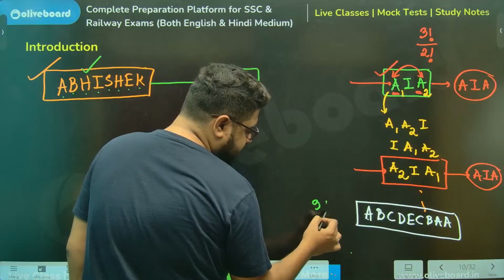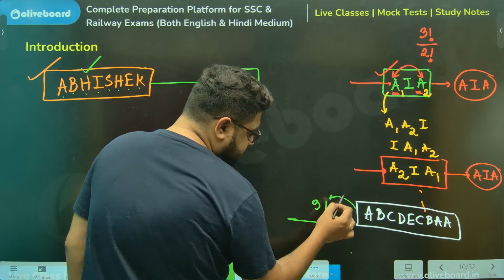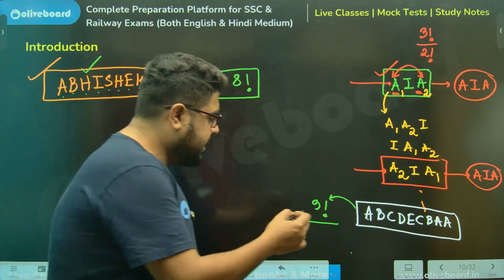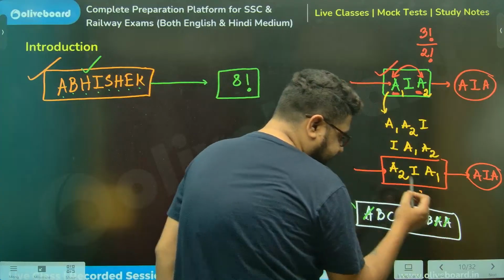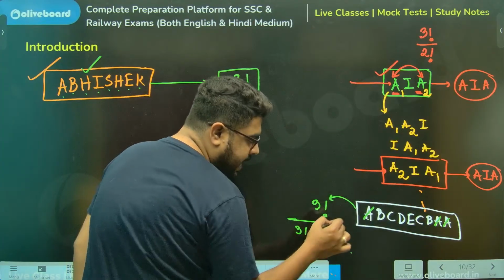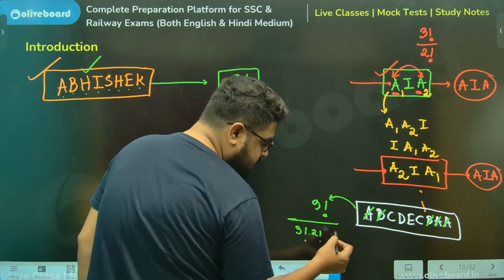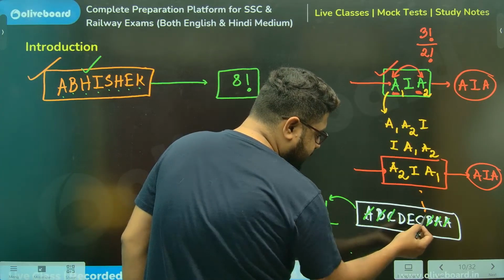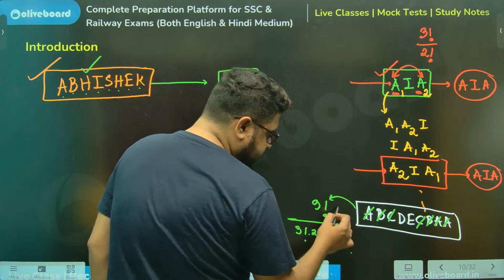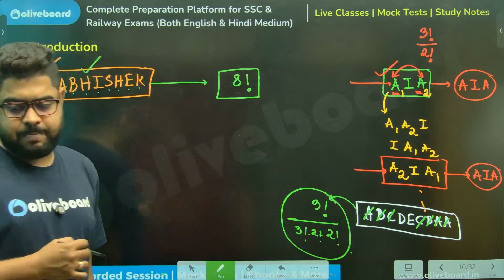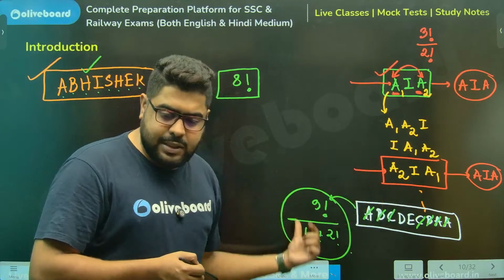So my count would have been 9 factorial divided by, how many A's can you see? 1, 2, 3, so 3 factorial. Any other common? B, there are 2 B's, 2 factorial, into C, there are 2 C's, 2 factorial. So this would have been my total count. For every common thing, I'll divide.